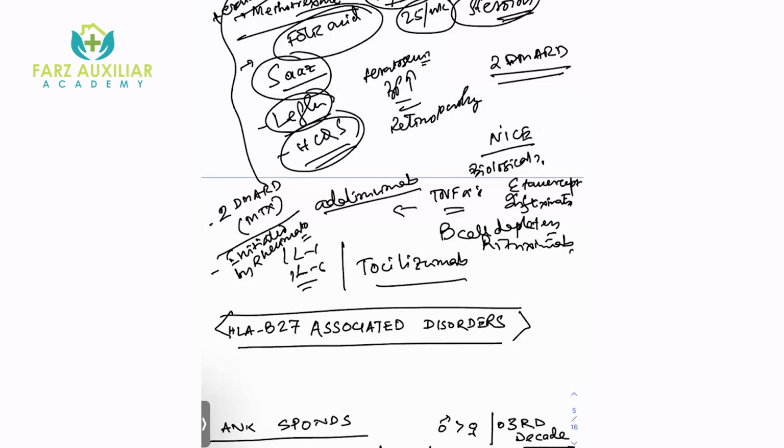Anything else? It's always useful to check the hepatitis B status, and if not vaccinated, the patient should be vaccinated before that, and definitely sepsis and such, because we are immunomodulating, which is very dangerous.